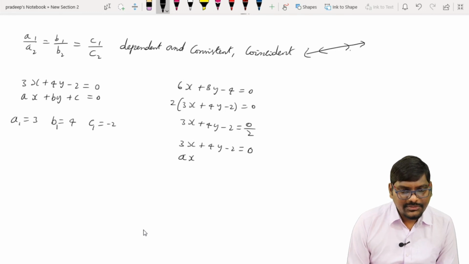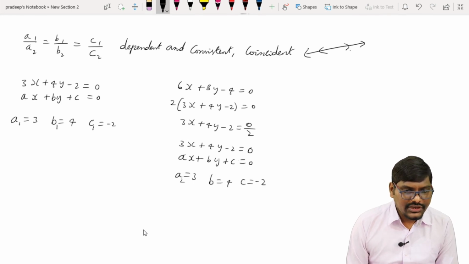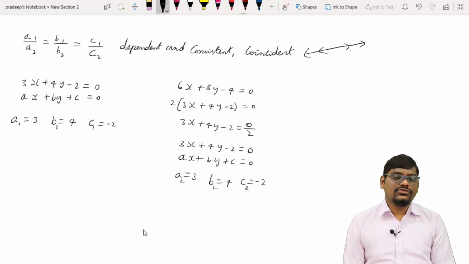So this equation I'll represent with the general equation ax plus by plus c equal to 0, where I'll get a value as 3, b value I'll get 4, and c value I'll be getting as minus 2. So this is nothing but a2, b2, c2. Alright.